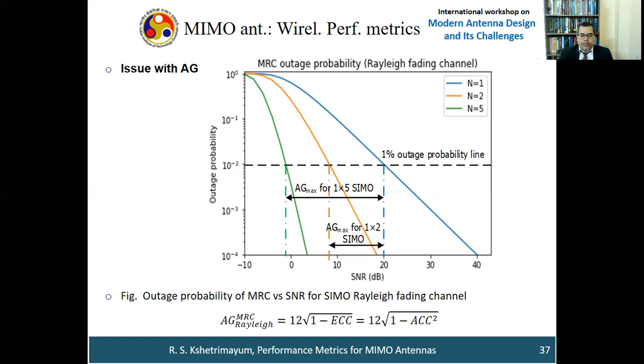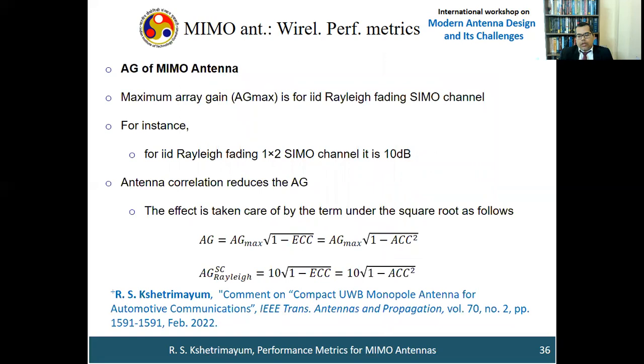So AG max keeps on changing for different fading channels. It has been observed for Nakagami fading channels also. This array gain maximum keeps on changing. So the 10 outside in the formula for array gain, the previous equation, is not a universal constant. It keeps on changing for different fading channels and different combining schemes.